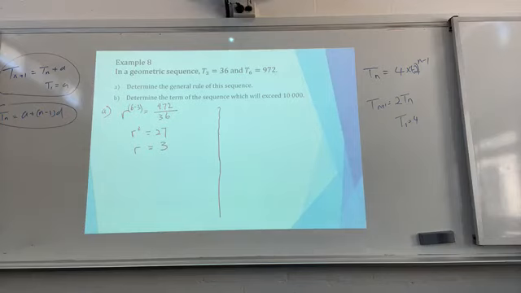I don't think something to the power of 4 will be in Calc 3. I haven't seen it, but to the power of 3, yes, I've seen. So therefore, you can work out what T1 is. You know T3, you can work T1 out.